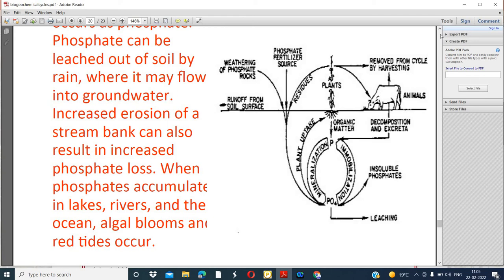So the full decomposition of organic matter is essential for the proper cycling of the phosphorus. So we should not do activities that are harmful for the bacterial population or microflora. We should take care of the environment so that the recycling and cycling of the phosphorus is done in the proper way.